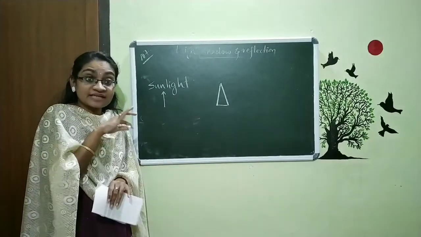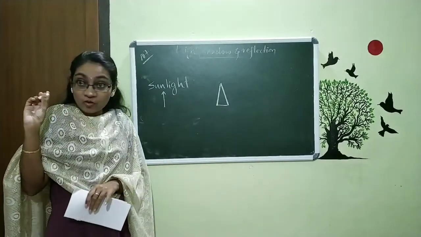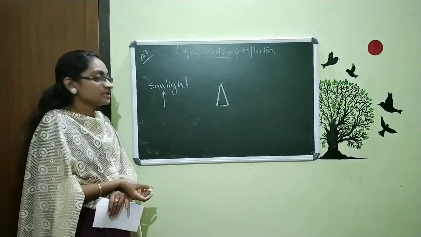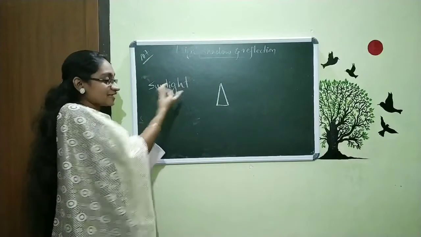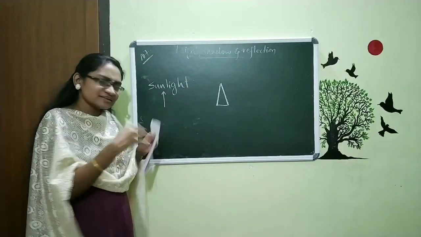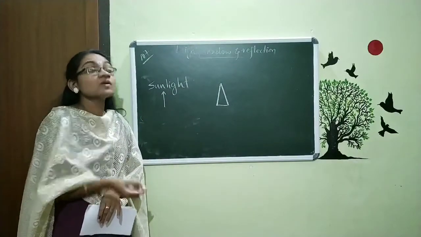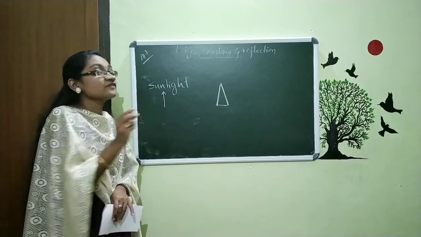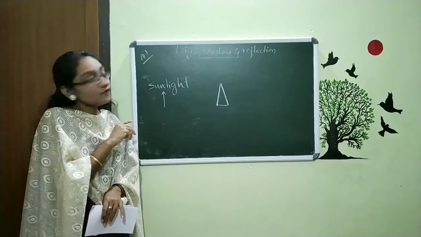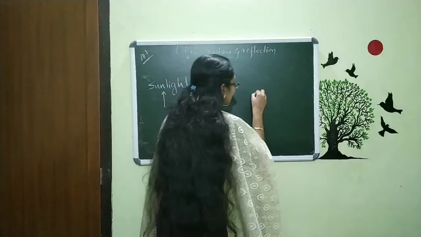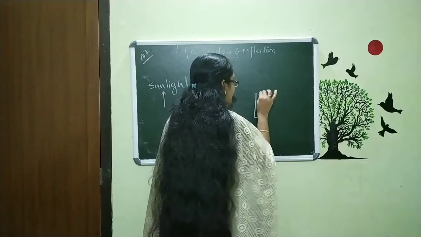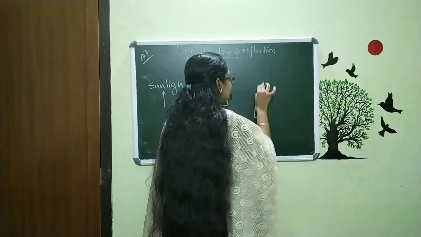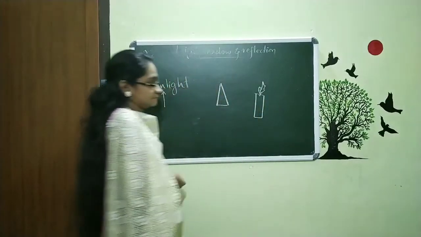And if there is no bulb, that means if we are turning off the light, what happens? It is not possible to see anything. That means this blackboard, this chalk, this triangle, these are some of the examples. So, we cannot see if there is no light. For example, I am just taking one candle and lighting this.